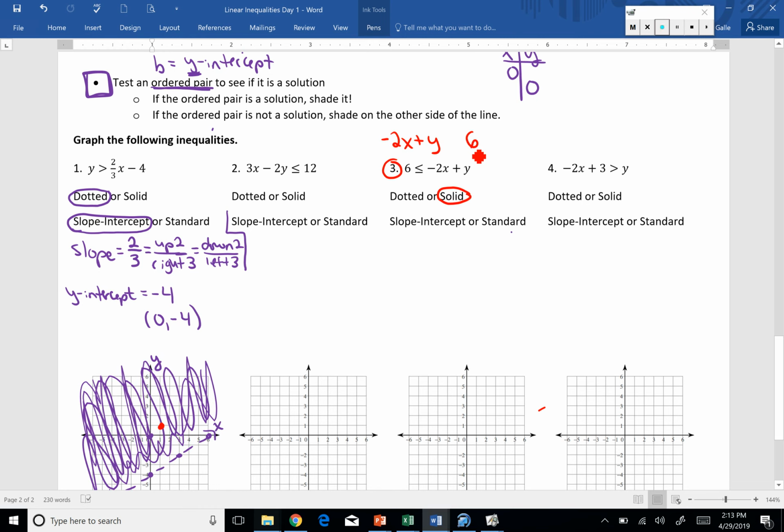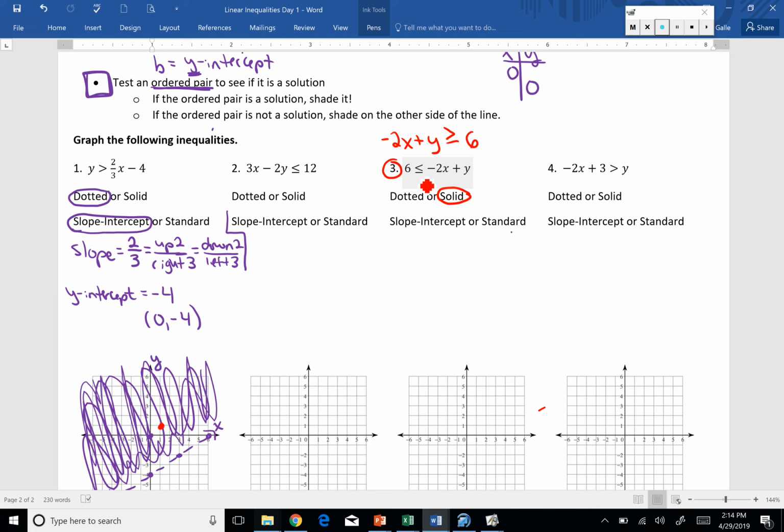But you have to make sure that the inequality symbol gets flipped as well. My inequality symbol is opening towards the negative 2x plus y, so it has to stay opening towards the negative 2x plus y. If you want to flip-flop the two sides, that's okay. A lot of you have done a lot of practice that way. You have to flip the inequality as well.